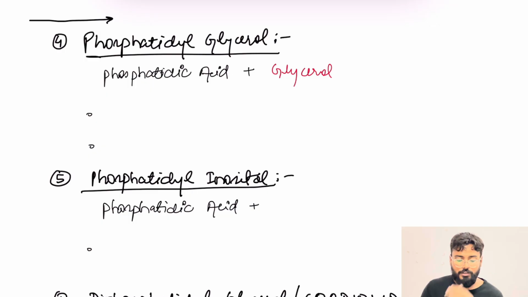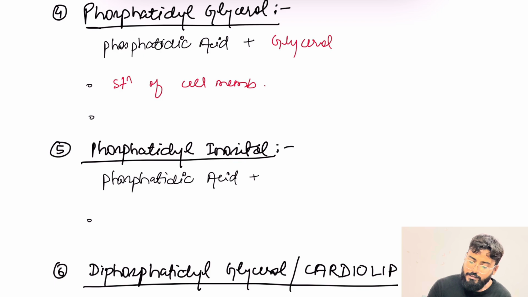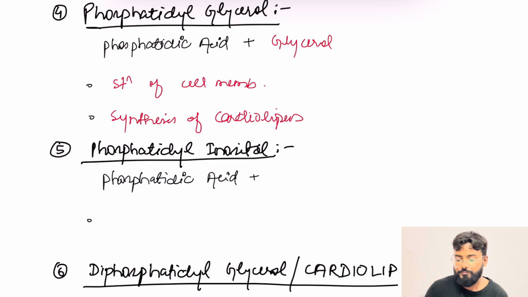And see, phosphatidylglycerol is also maintaining the structure of cell membrane or plasma membrane, and this is also involved in the synthesis of cardiolipin. Now we will see further what is cardiolipin.